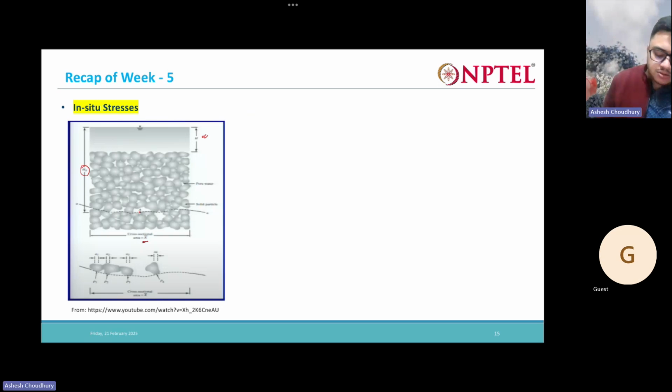Now how to write the total stress? Total stress at this point A, at this level, is equal to H into gamma W, the unit weight of water, plus H A minus H into gamma saturated.